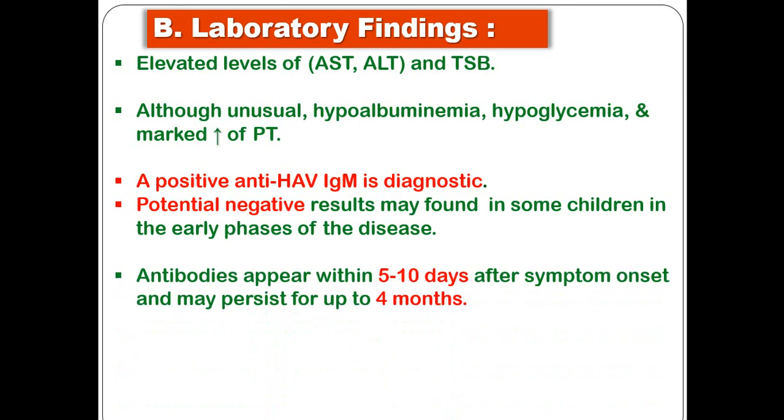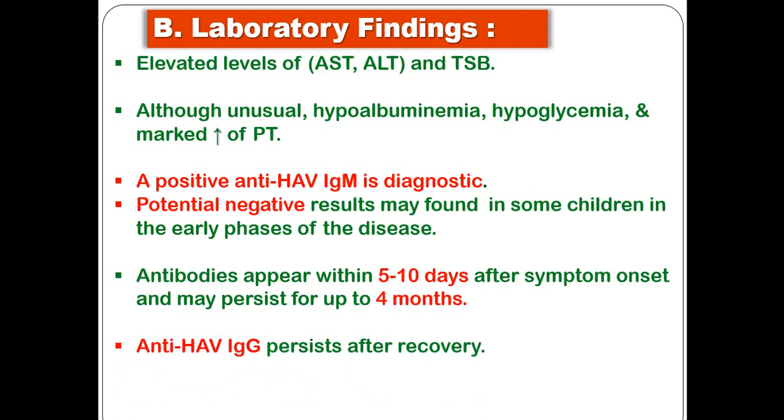So this is very important in clinical practice when you examine a patient that has developed jaundice or the symptoms in general just in a few days, and you send him for the anti-HAV IgM and it is negative. Again, this does not exclude, and you may have to repeat the test after 5 to 10 days.